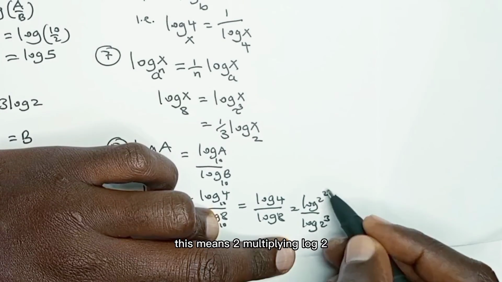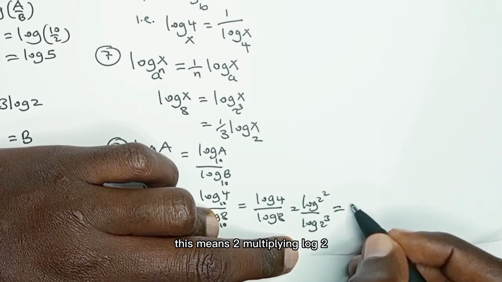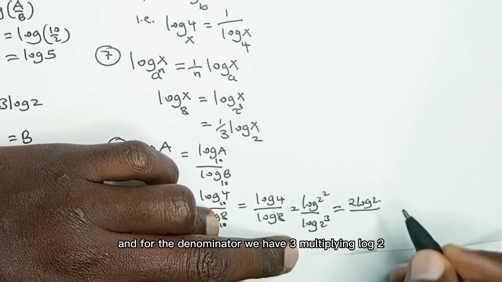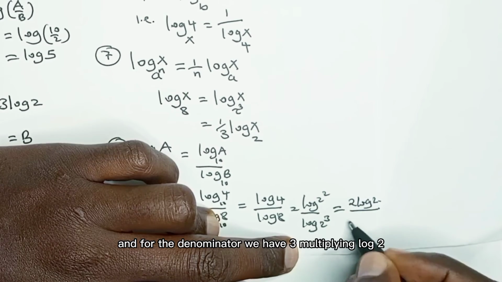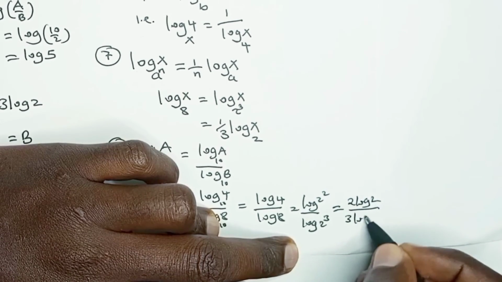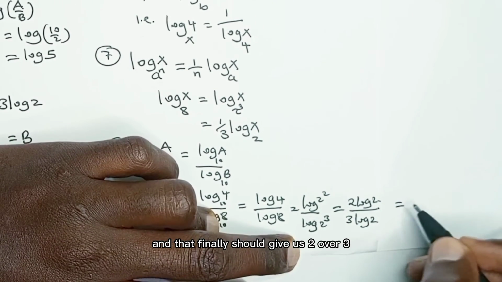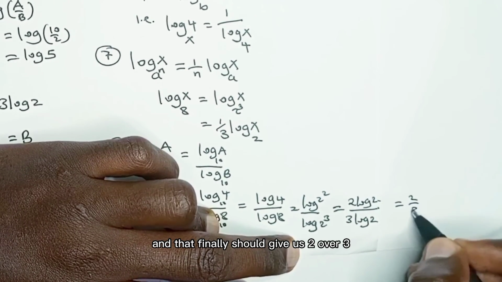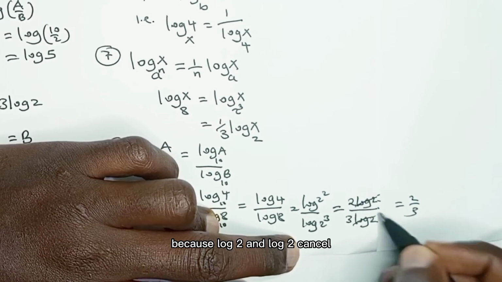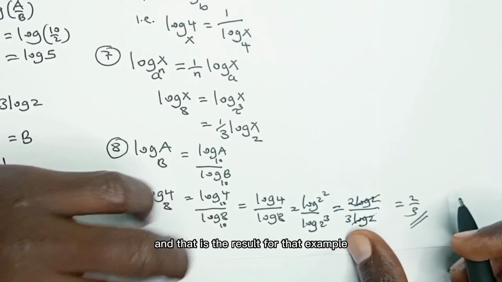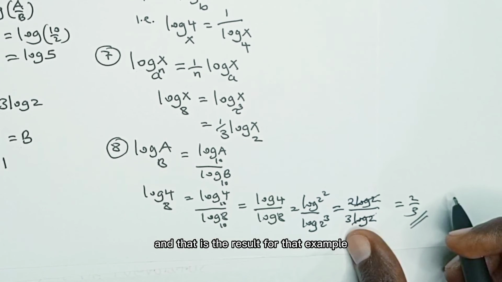So this means 2 multiplying log 2, and for the denominator we have 3 multiplying log 2. And that finally should give us 2 over 3 because log 2 and log 2 cancel. And that is the result for that example.